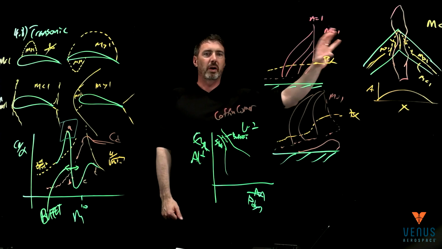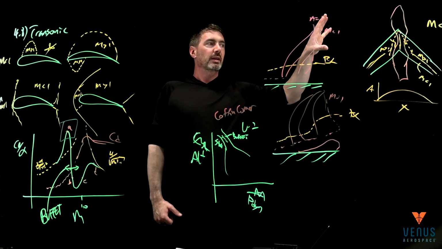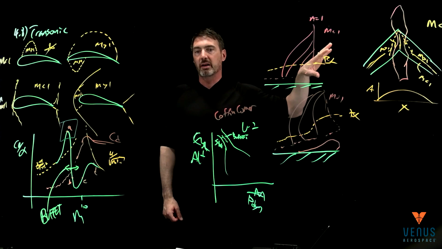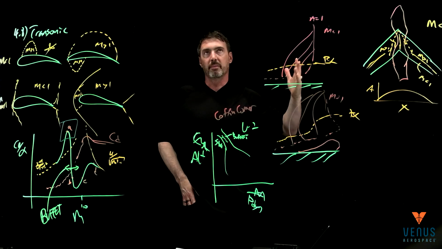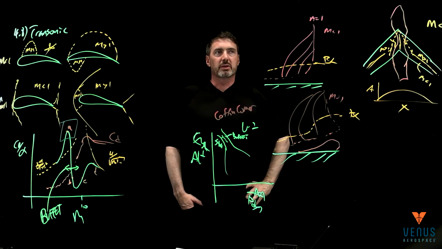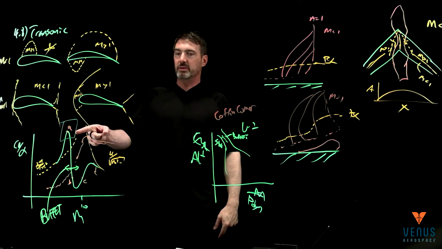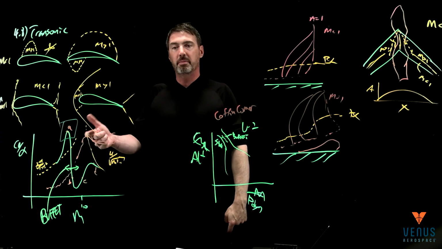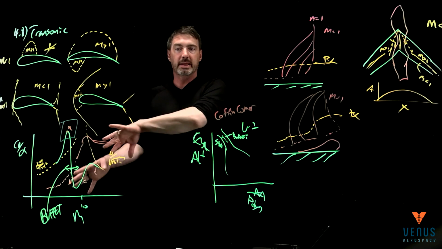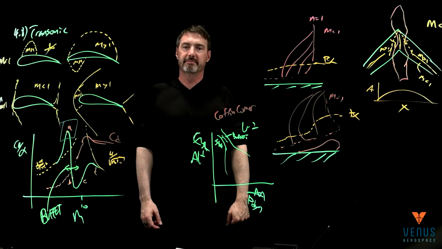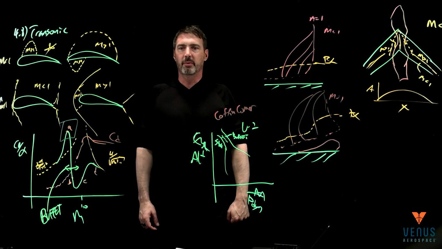We've seen quite a bit of aircraft designed and achieving higher and higher cruise speeds. I think the latest Gulfstream is cruising at Mach 0.93, and it's really because of technologies like this that it's allowing them to take advantage of this bump up in lift while keeping the drag coefficient at bay. So, good stuff. We'll see you next time.